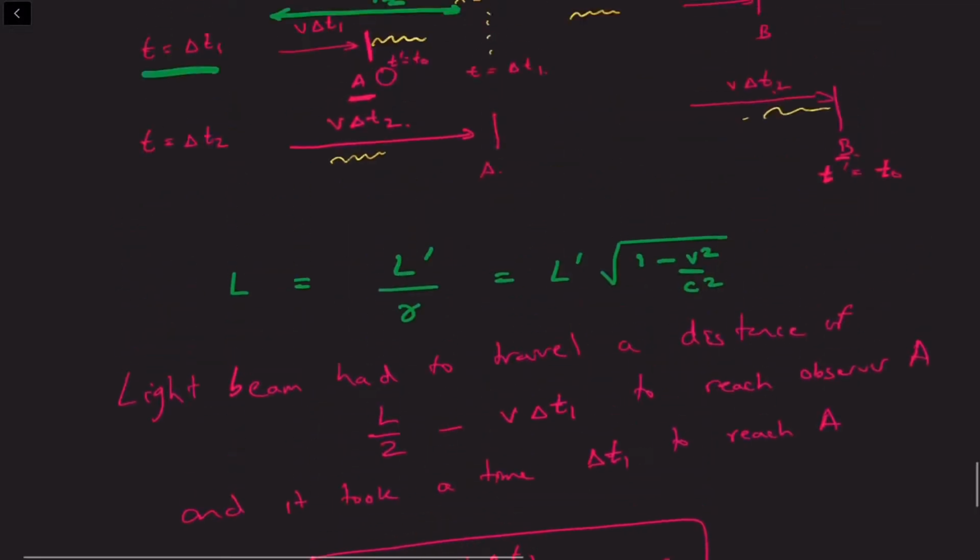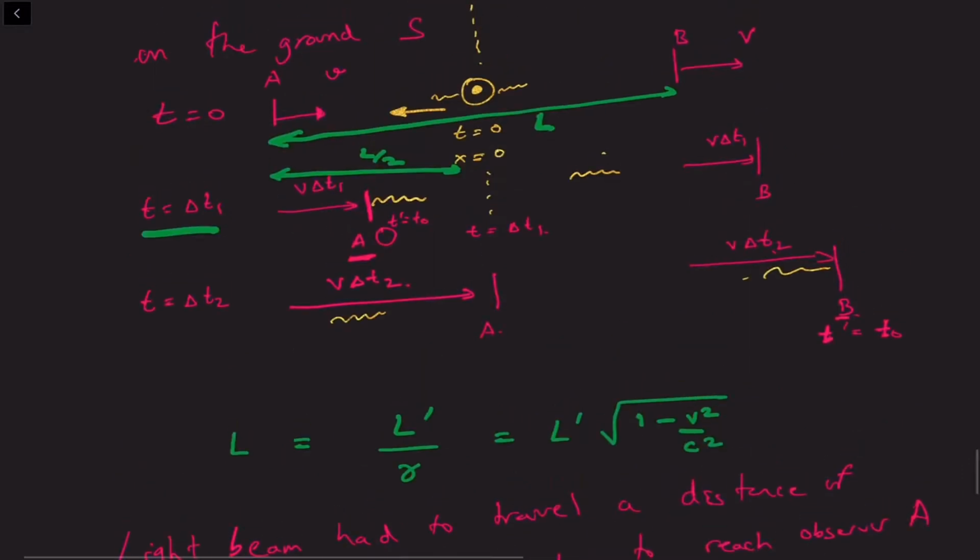And we can do a similar analysis for the detector B. In this case, the light beam has to travel a greater distance than L by 2 because detector B has moved further ahead. So it travels a distance of L by 2 plus V delta T2.